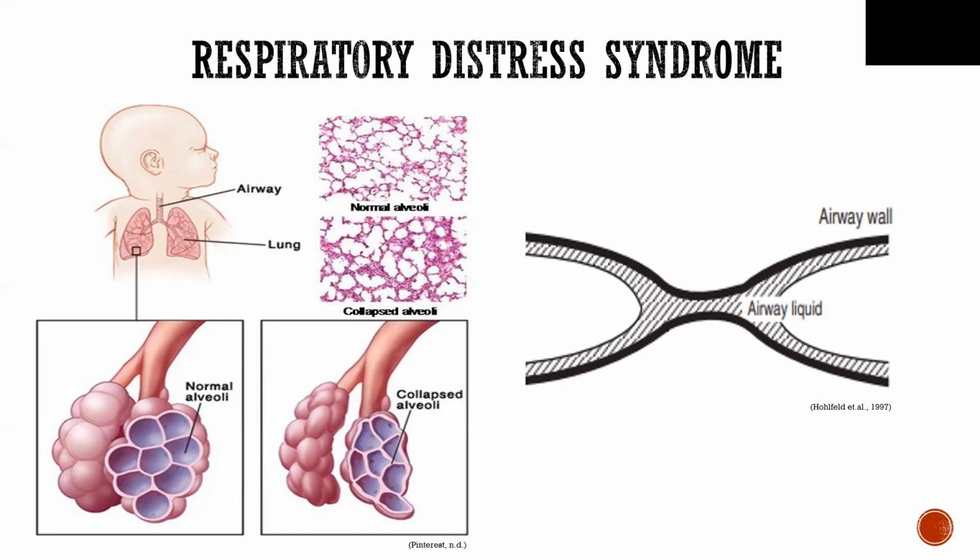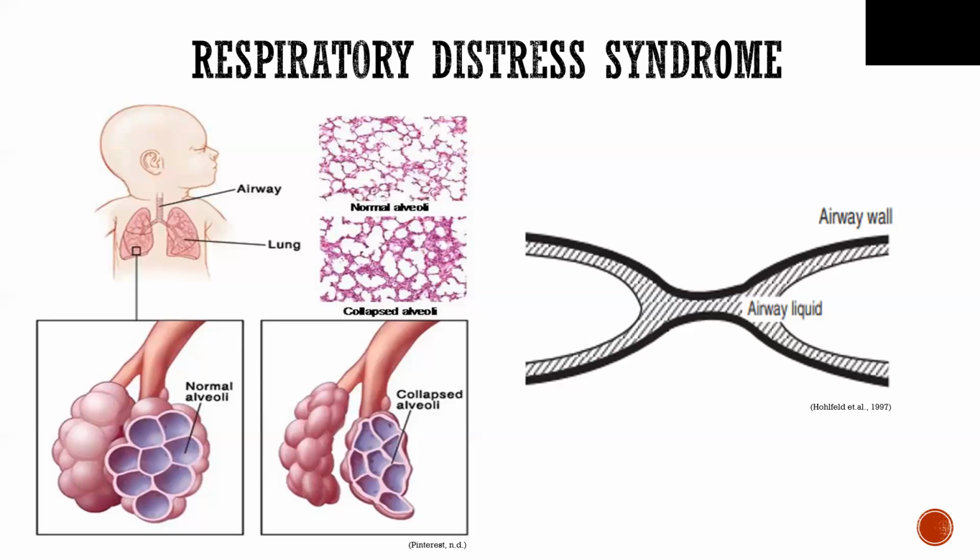The research continued to implicate the importance of low surface tension, and how low surface tension reduces the negative pressure within the airway liquid layer. If we look at the image on the right, we can see a depiction of an airway collapsing due to the lack of inner wall pressure.